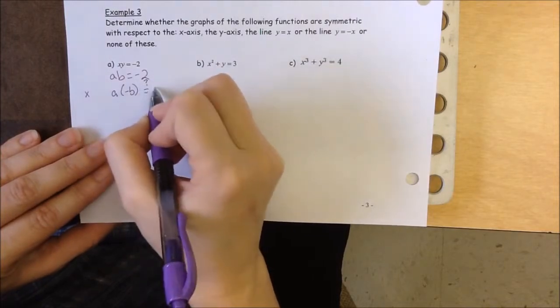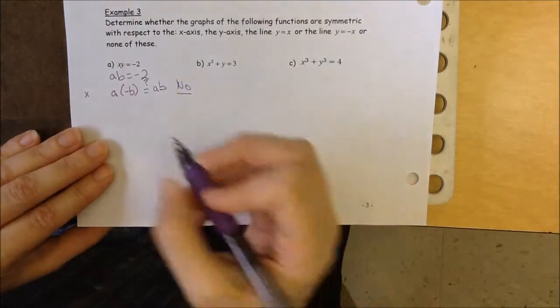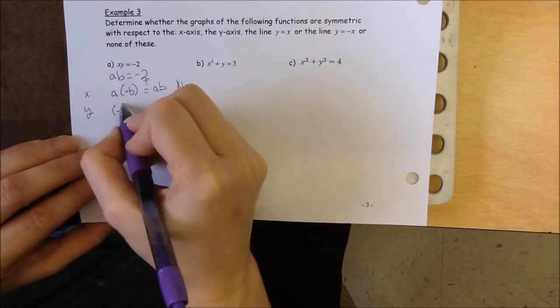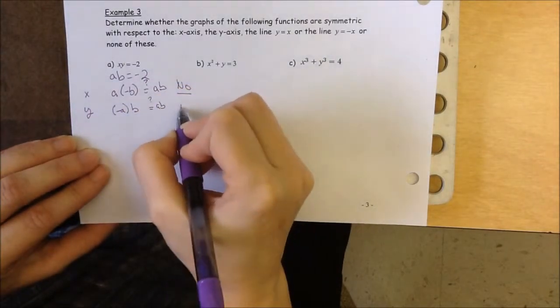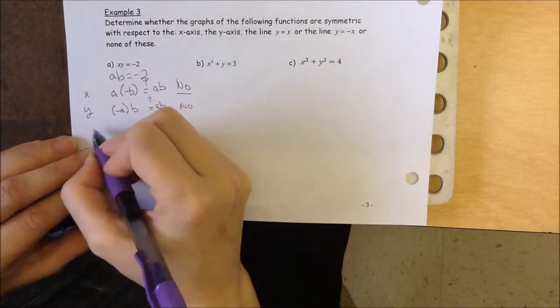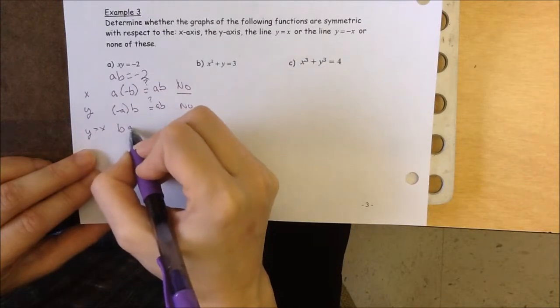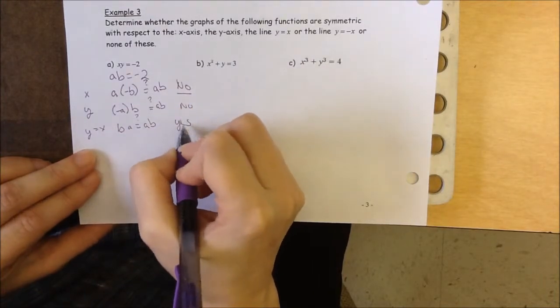Is A times negative B the same as AB? No. Then it's not symmetric about the origin. Or sorry, about the x-axis. How about the y-axis? Can I give it negative A and get the same thing? No, not the same. All right, how about the y equals x line? If I swap B and A, do I get the same thing as AB? Yes.